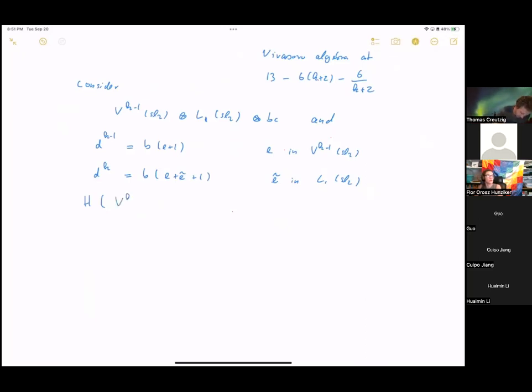And so the statement is that I have here two complexes. I mean, the complex is both times the same, but I have two differentials on the same complex, and the statement is that their homologies are the same as vertex algebras.